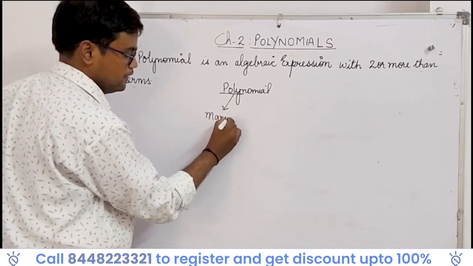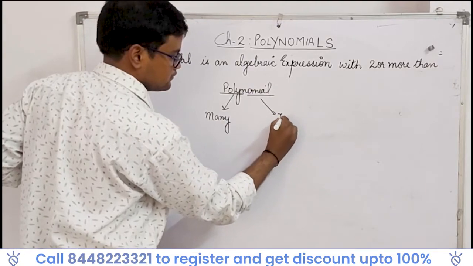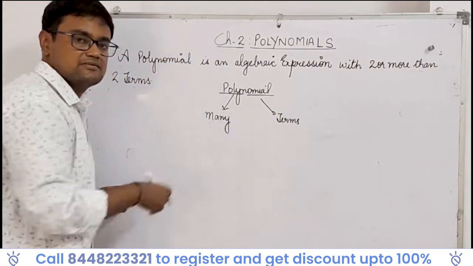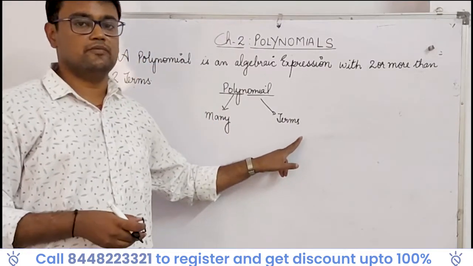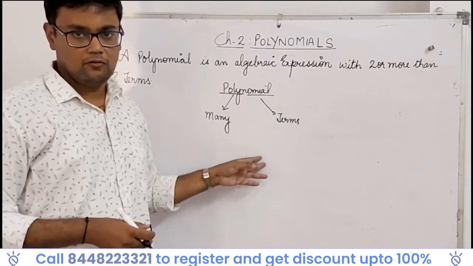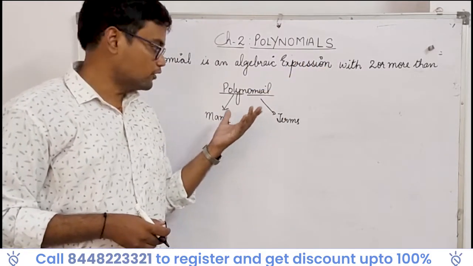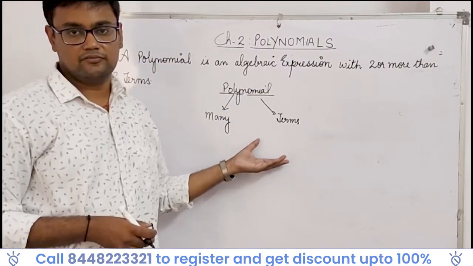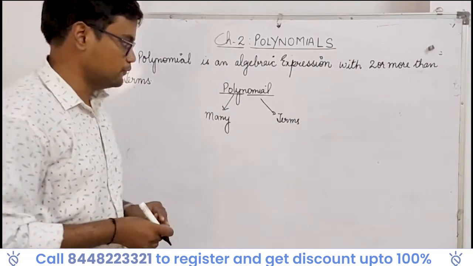Poly means many. Nomial means terms. So the name itself describes what this topic has to say about itself. An algebraic expression of several terms is a polynomial.